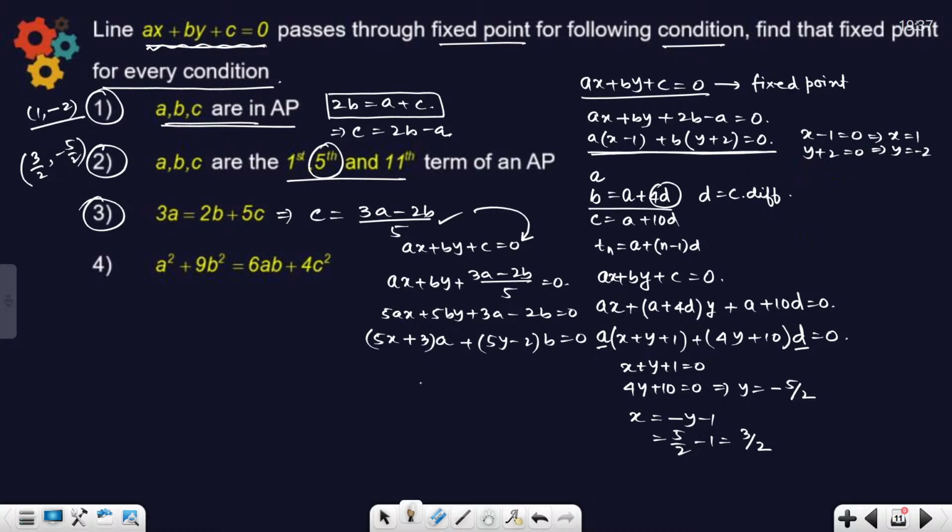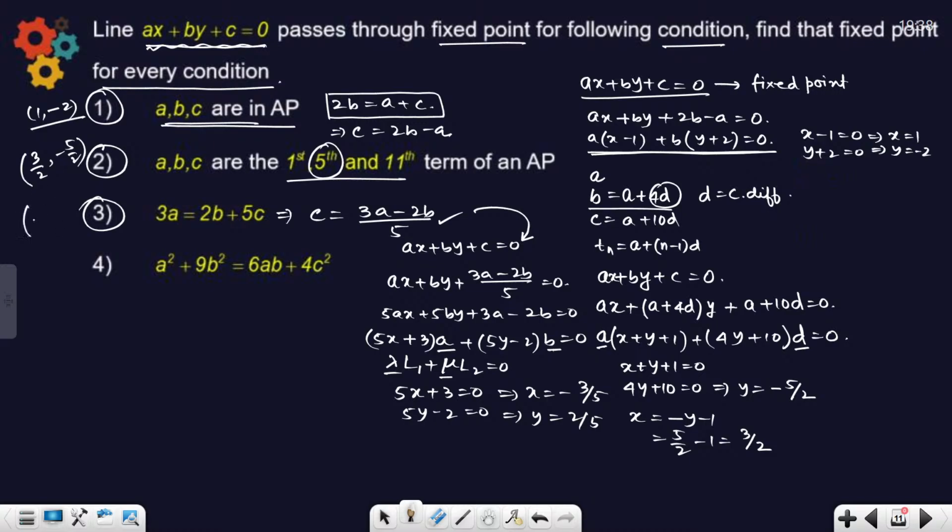So again, you will say that it is of the form lambda L1 plus mu L2 equals 0. Here the parameters lambda and mu are A and B respectively. Therefore, it is passing through a fixed point. What is that fixed point? It is the point of intersection of this line and this line, which is x is minus 3 over 5 and y is 2 over 5.